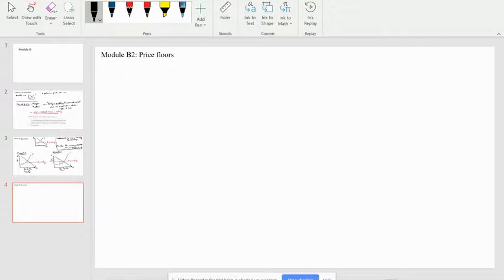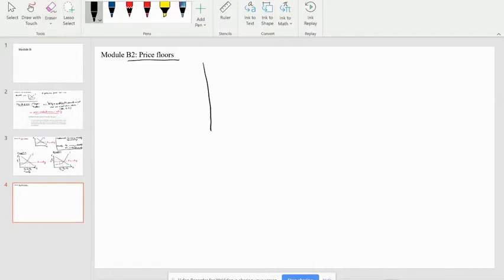In general, the approach for understanding price floors is very similar to that for price ceilings. We start, again, with our usual supply and demand framework.